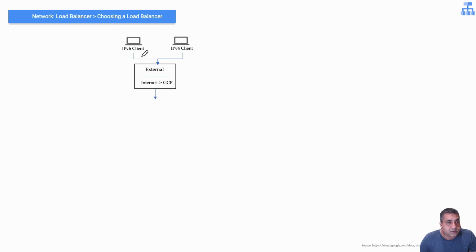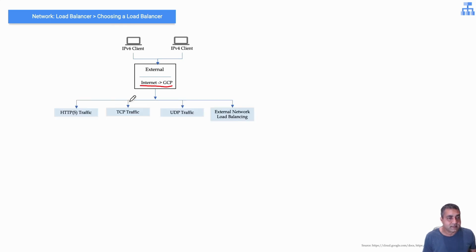You have either an IPv6 client or an IPv4 client. They are external requests. The request is coming from the internet to GCP. Now when the traffic comes, it's either HTTPS traffic, HTTP traffic, TCP traffic, UDP traffic, or external network load balancing, which means regional traffic.